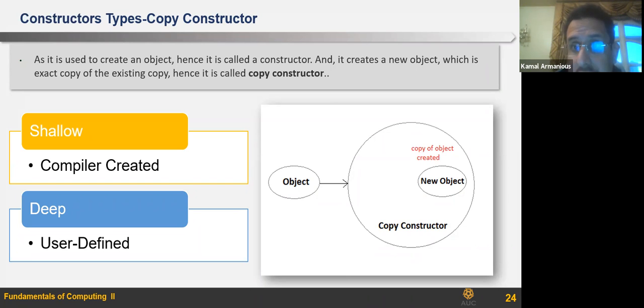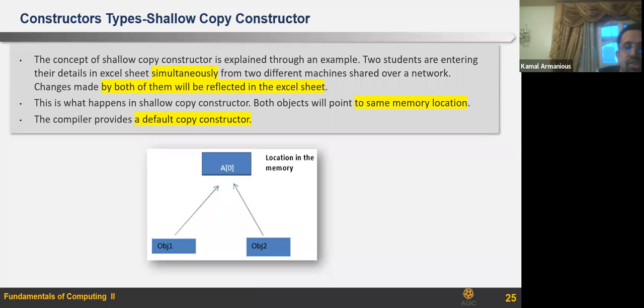This one you have to code yourself. So with the shallow copy constructor, the compiler will do it on your behalf. The second one, the deep copy constructor, means that you as a programmer have to do it. Let's see the shallow copy constructor.